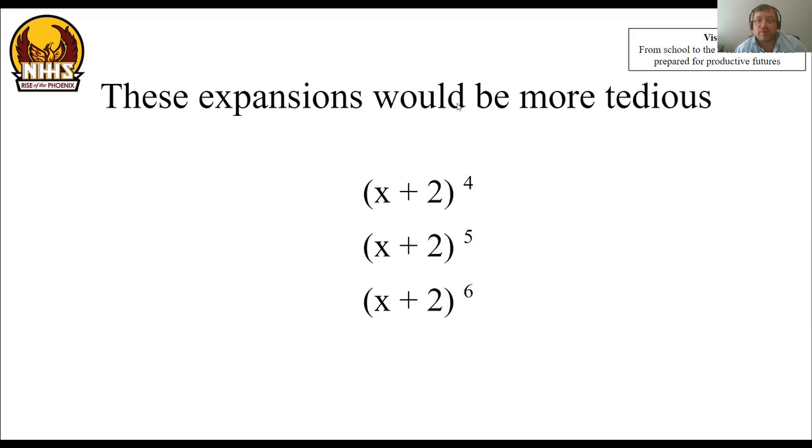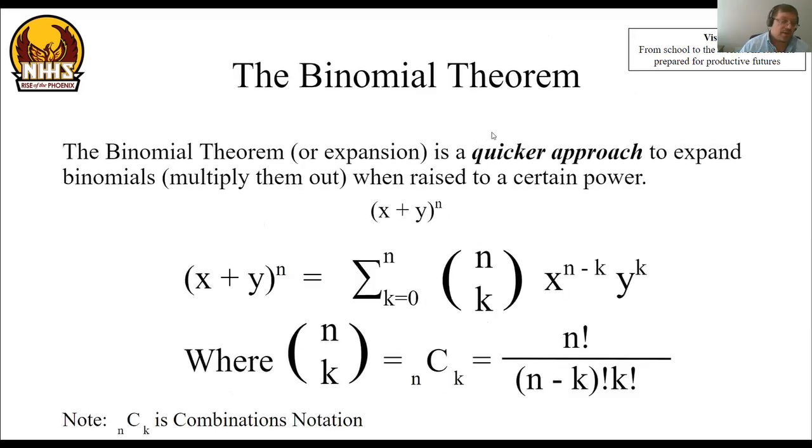So, we have this binomial theorem, and I know many of you are seeing this binomial theorem now and saying that it is a lot of numbers and equations and very difficult to understand. I'm going to explain it to you, work through an example, and then show you a shortcut. The binomial theorem, or expansion, is a quicker approach to expand binomials, rather than multiplying them all out when we raise to a certain power.